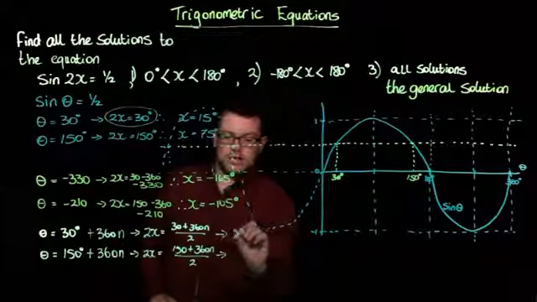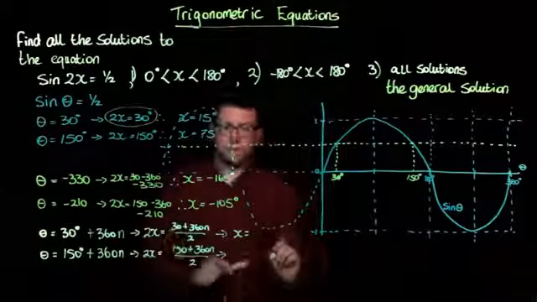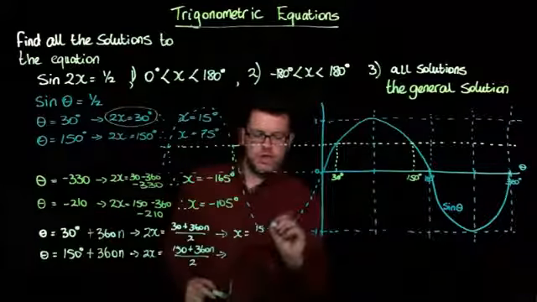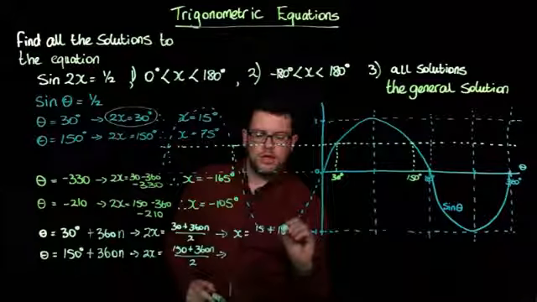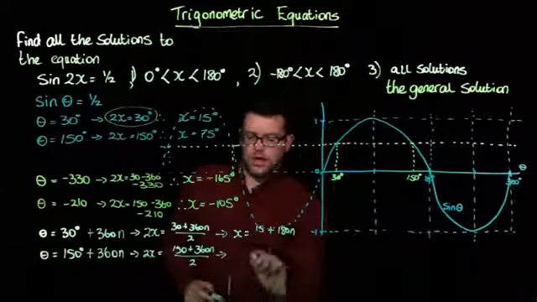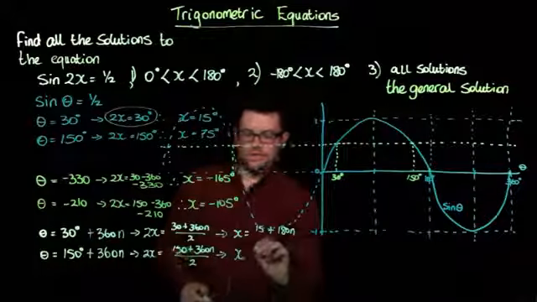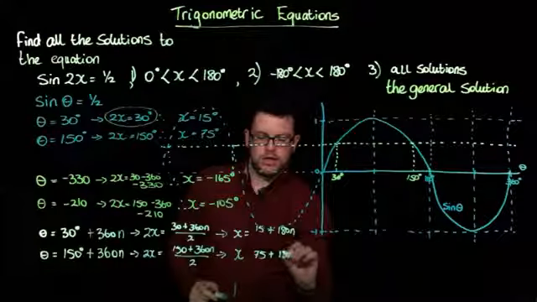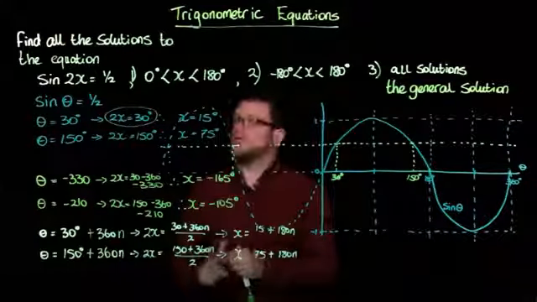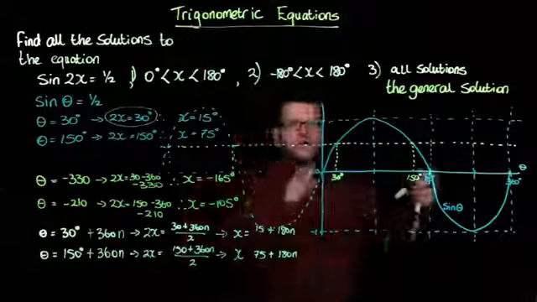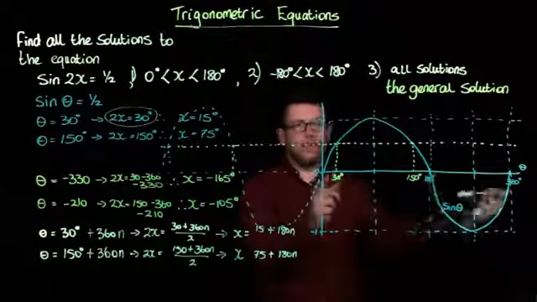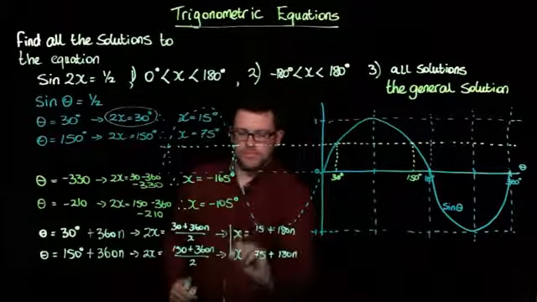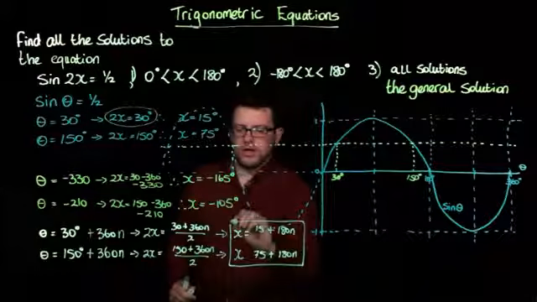So we get x is equal to 30 divided by 2 is 15, which we would expect, plus 180n. And here we've got x is equal to 75 plus 180n. And that makes sense because we're talking about the graph of 2x, where this would appear twice in one period. And so that's the general solution right there. We'll put a little box around it to make it really clear.